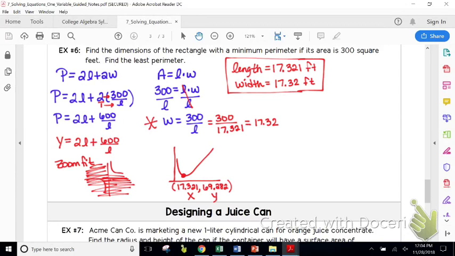An X and a Y, which was the length and the perimeter. So the minimum perimeter is approximately 69.282 feet. I'm sorry, not feet squared, feet. It's perimeter. And we've answered all our questions there.